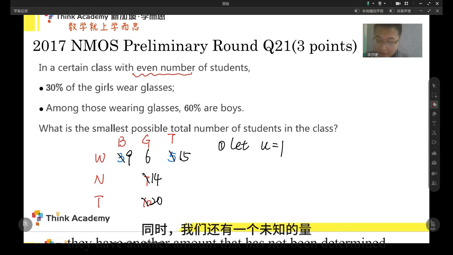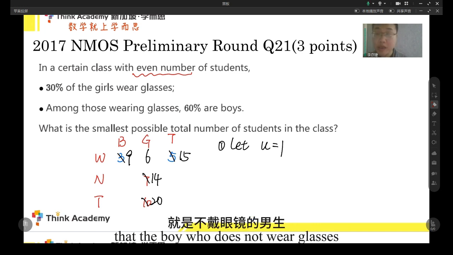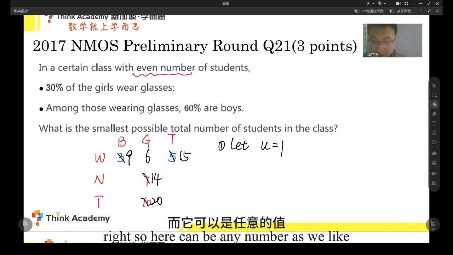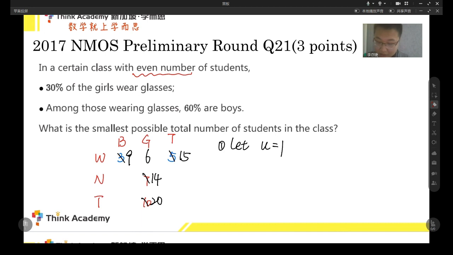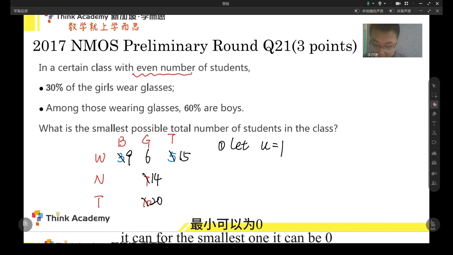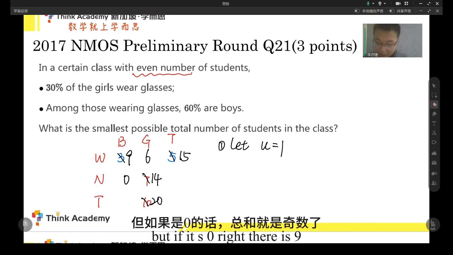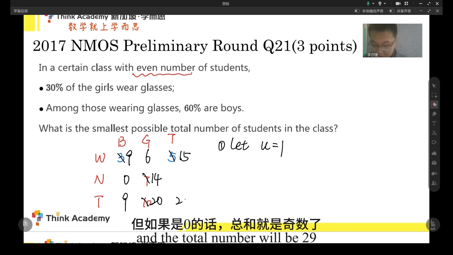And then we have another amount that has not been determined. That's the boys who do not wear glasses, right? So here can be any number as we like. For the smallest one, it can be 0. But if it's 0, right, here is 9 and the total number will be 29. It's an odd number.